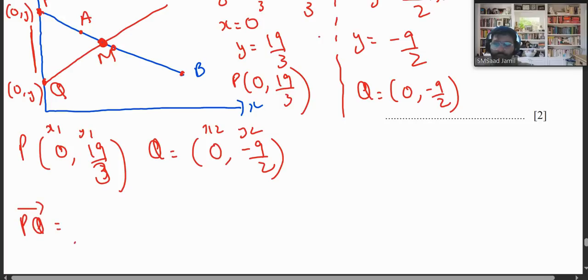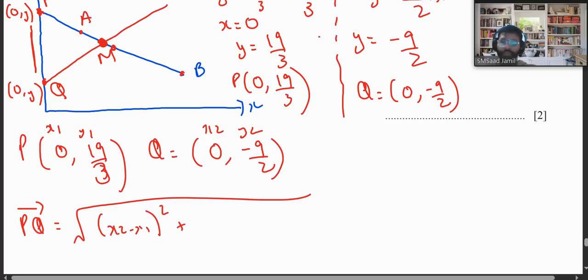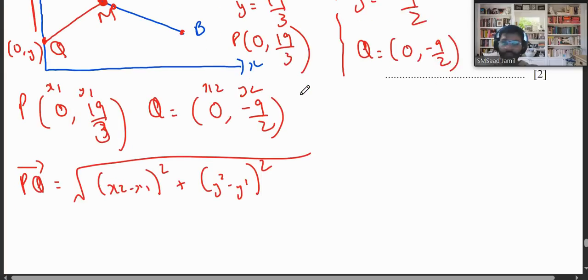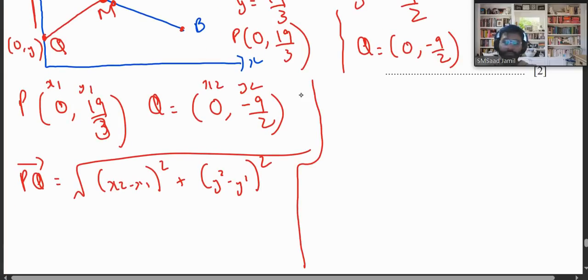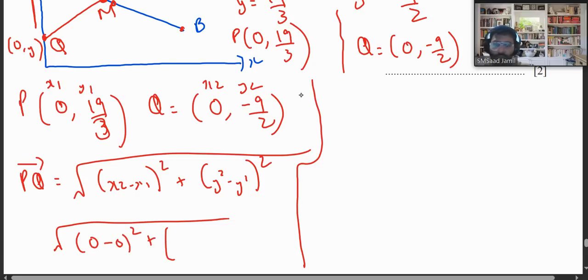The formula for distance is the square root of x2 minus x1 whole squared plus y2 minus y1 whole squared. So x2 minus x1 is 0 minus 0 whole squared, plus y2 minus y1, which is negative 9 upon 2 minus 19 upon 3, whole squared.